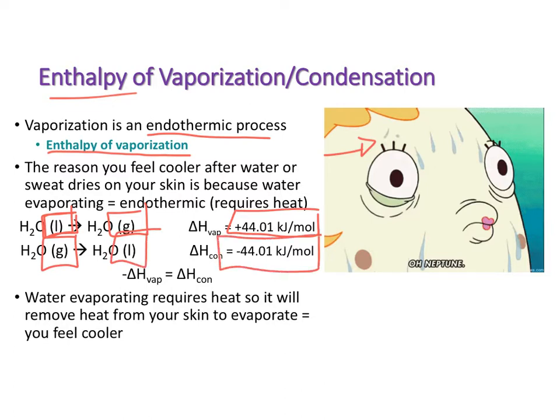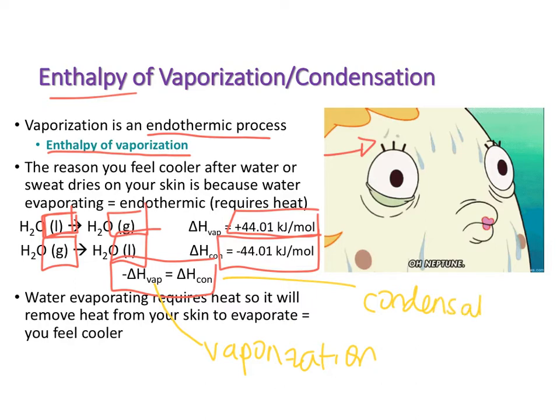It's going to release negative 44 kilojoules per mole. So here we have this relationship where they are equal to each other, but they are opposite sign. And just to clarify, this VAP right here means vaporization, and that CON means condensation. So just to make sure everybody's on the same page.